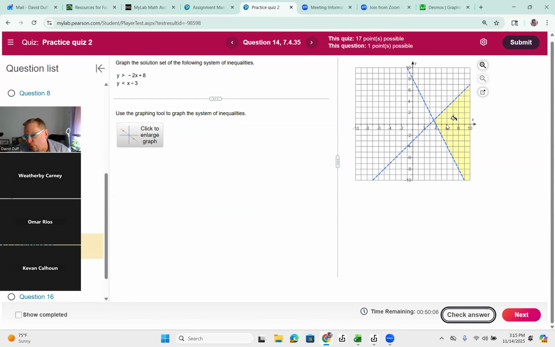Like for instance, the point (6, 0). Like we know the point (6, 0), which is problem 14, right? So we know the point (6, 0) is in the shaded region. Well, is that the right region? Is that where we're supposed to be?